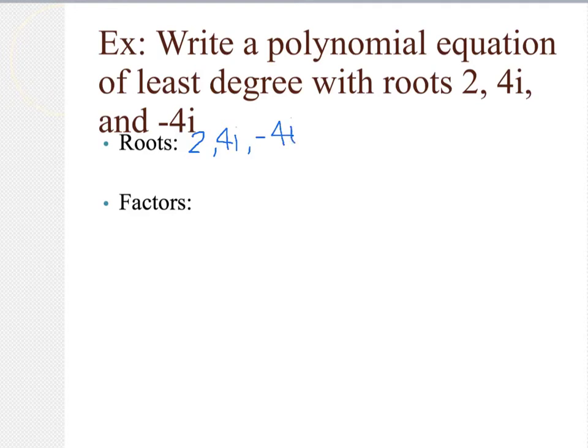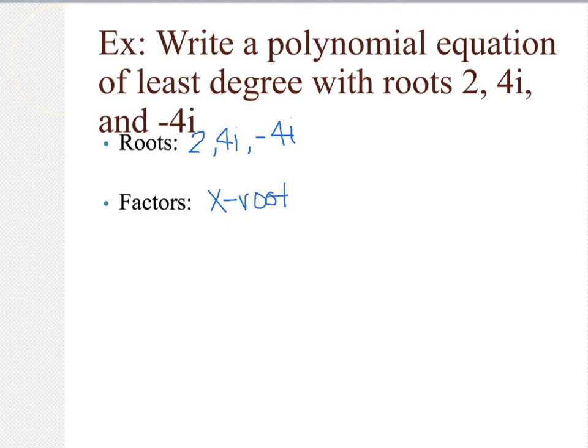Now I want to make this connection between roots and factors. These two things kind of play off of each other. When we think of factors, you probably heard about that when we've been doing foiling or a factor tree. You've probably encountered that word multiple times throughout your time as a mathematician. But when we are talking about factors and roots, our factors really are x minus our root.